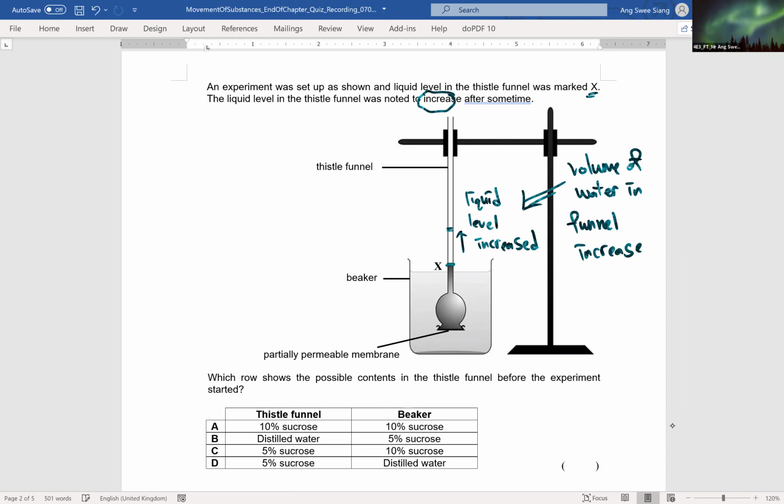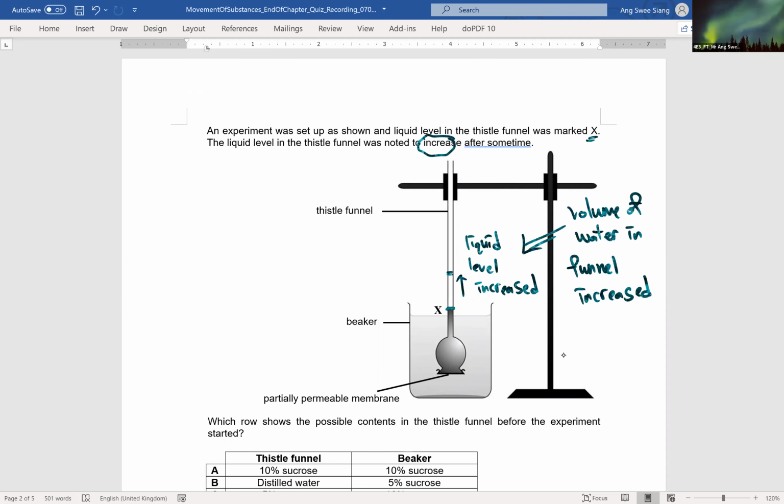And the volume of water in the funnel will increase if there is a net movement of water molecules into the funnel. From where? From the beaker.